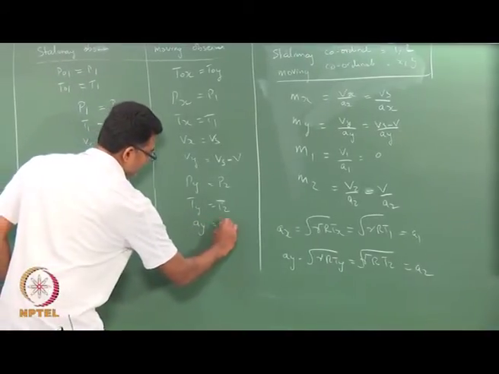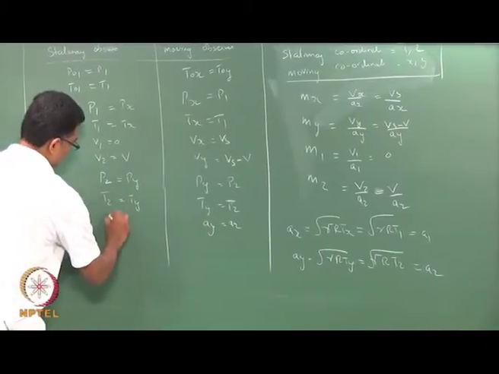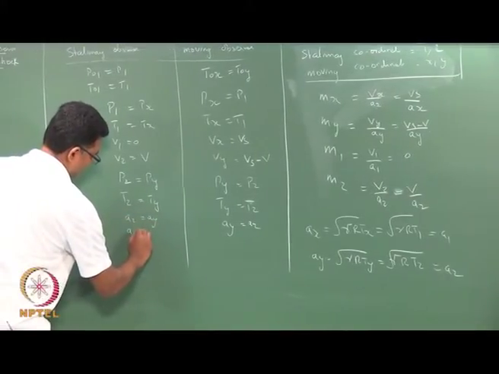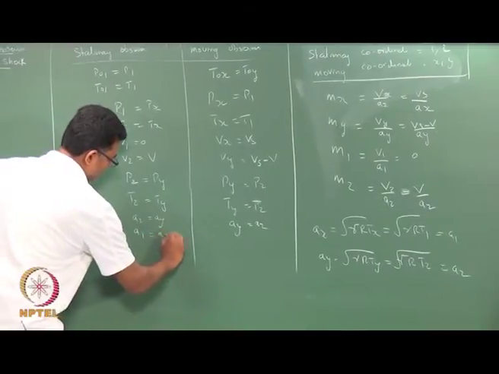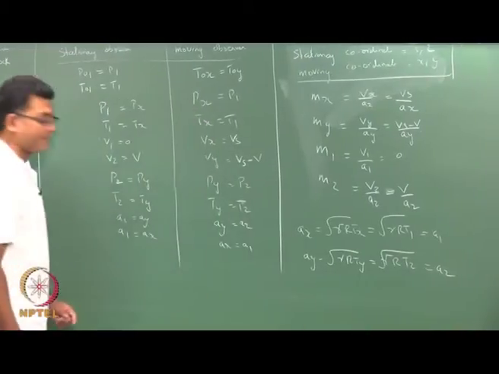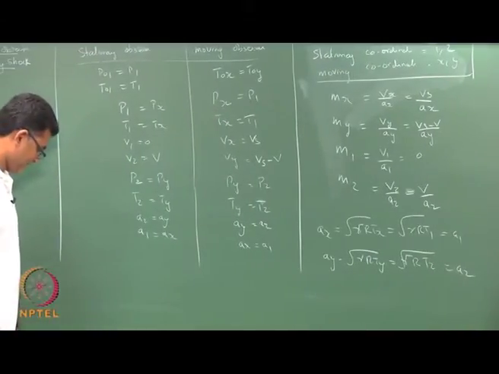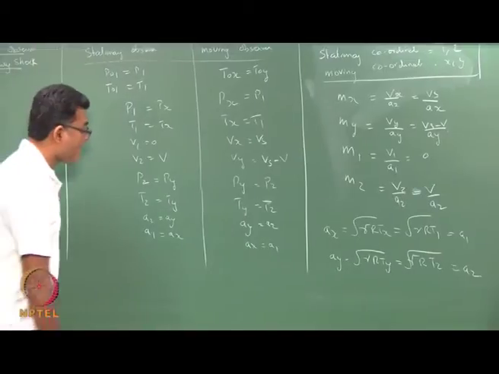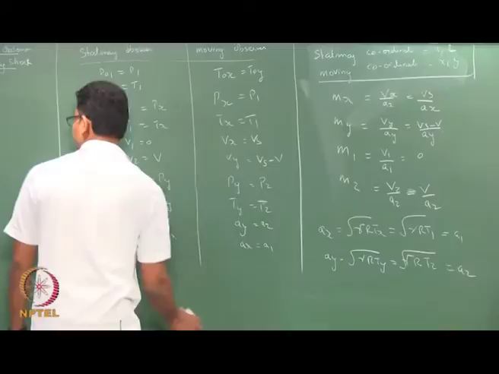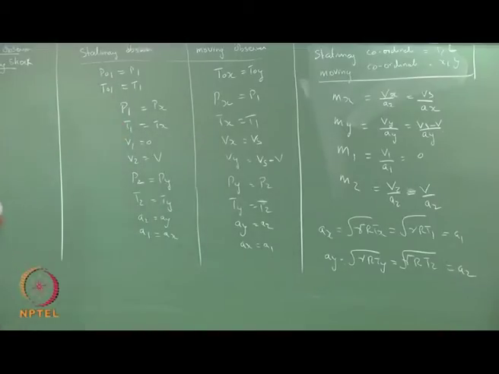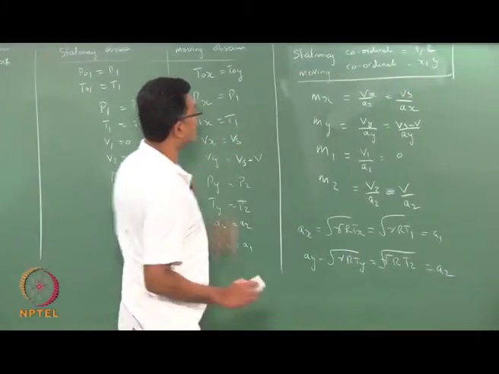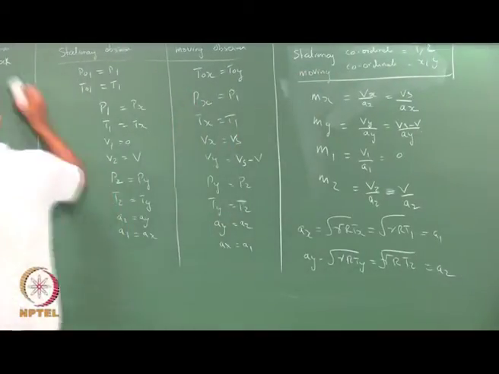So, Ay is same as A2, and A1 is same as my Ax. So, I can write my My in terms of M1. So, keeping this notation intact, I am going to rub this particular portion.